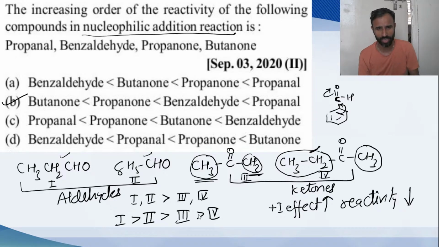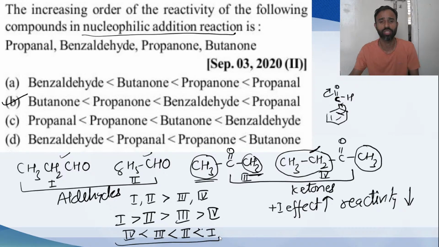So that is the order. Fourth, that is butanone, is least reactive towards nucleophilic addition reaction. Then third, propanone, then second, benzaldehyde, and the most reactive is propanal. So this is the order.